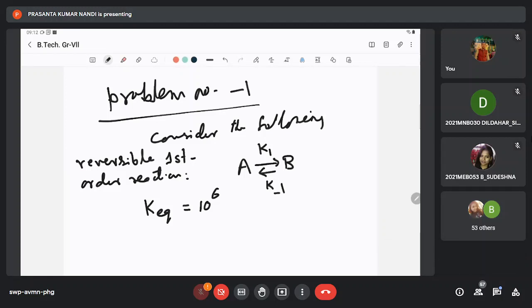Now the activation energy: suppose this is K1 with activation energy for the forward reaction E1, and for the backward reaction let it be, say, E prime.